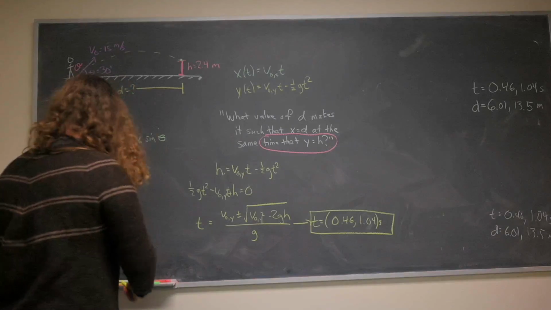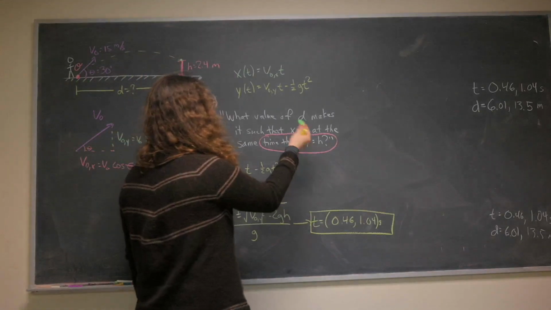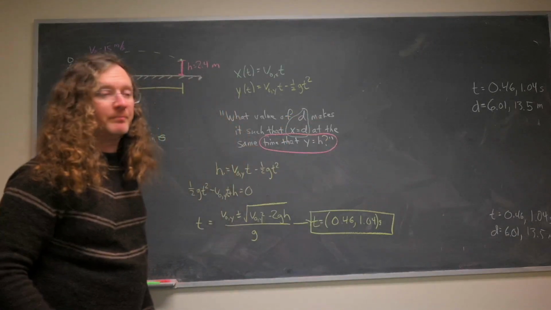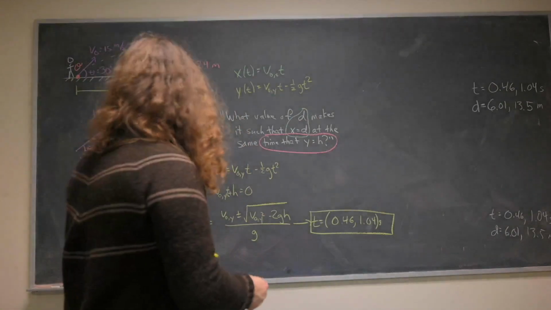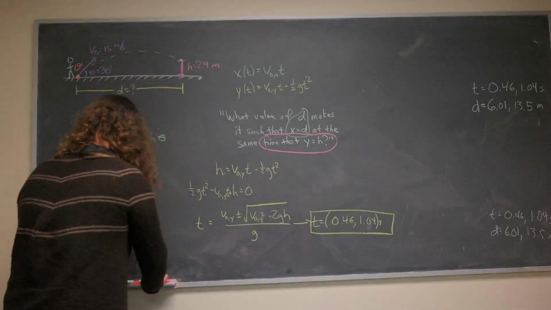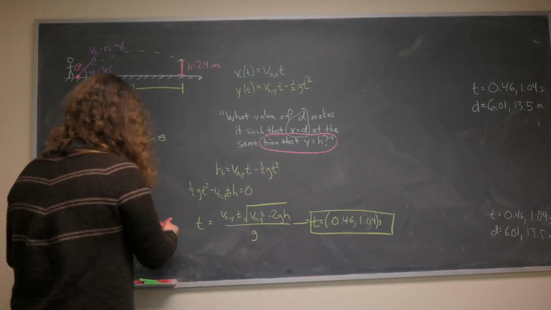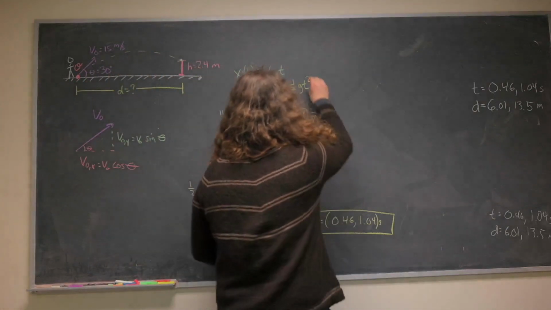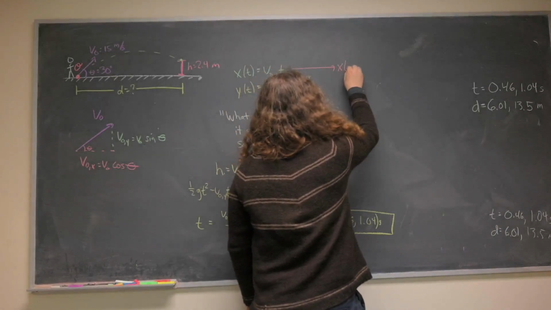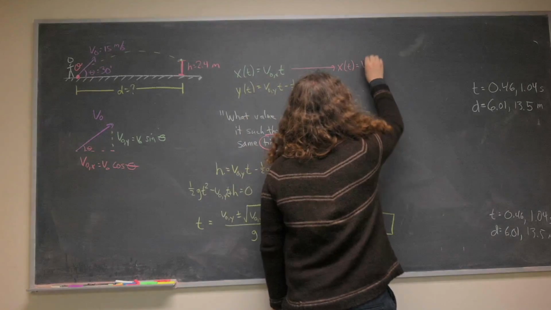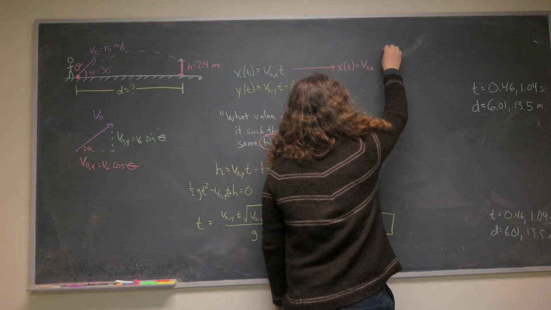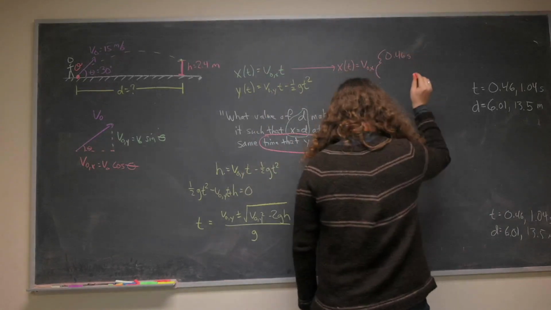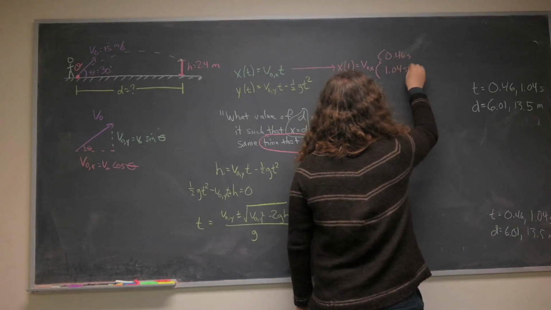Now, the other thing that I wanted to do was to find what value of d x has at that time. So I just take those times and I substitute them into the x equation. So I can write, x of t equals v naught x multiplied by either of these values, 0.46 seconds or 1.04 seconds.